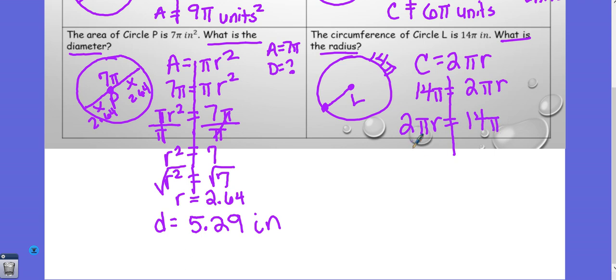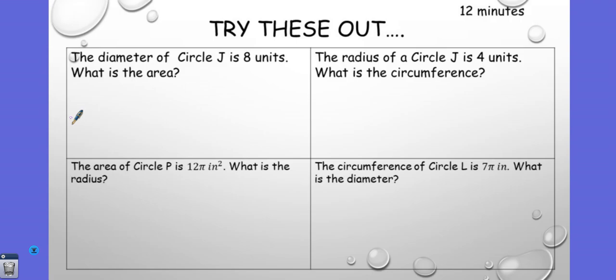And here this is multiplication, so to undo multiplication we divide. So we're going to divide, and we get r equals, you can use your calculator to put this in, and you'll get 7. So the radius here is 7, and it gave us units, so it's 7 inches. Radius is a linear unit. All right, let's keep going.